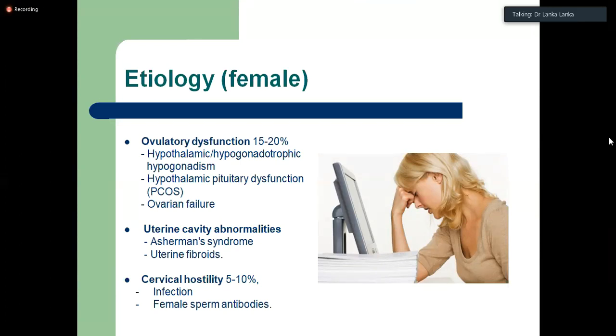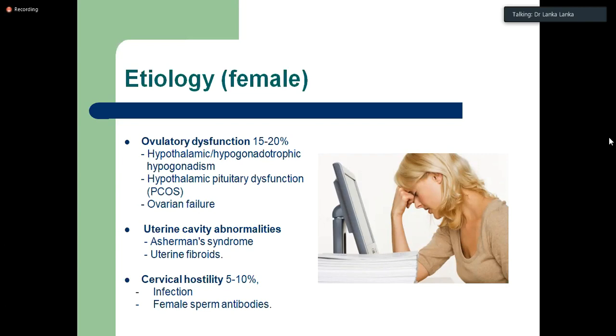In addition to that, they can have primary level problems from the hypothalamic level or pituitary level. Then ultimately that can manifest as hypothalamic-pituitary-ovarian axis dysfunction and ovarian dysfunction. Then ovarian failure. Ovarian failure is a premature menopause kind of thing.